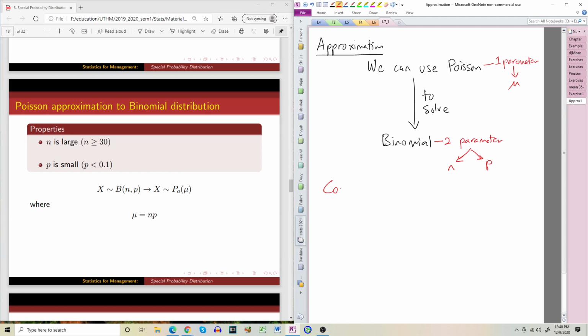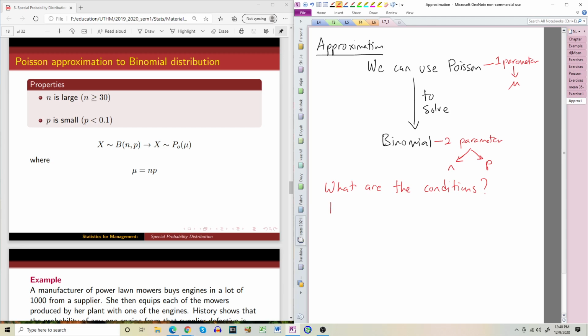Okay, what are the conditions? The conditions are you can use Poisson to solve binomial if the n in binomial is large, greater than or equal to 30, and p is small, less than 0.1.